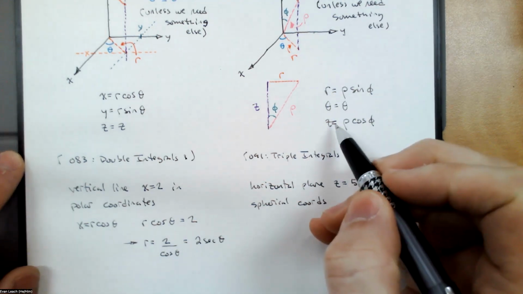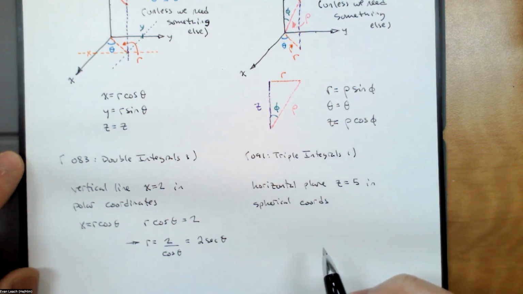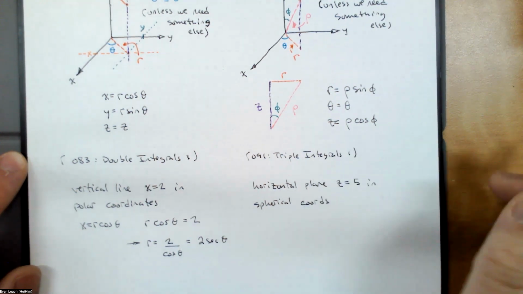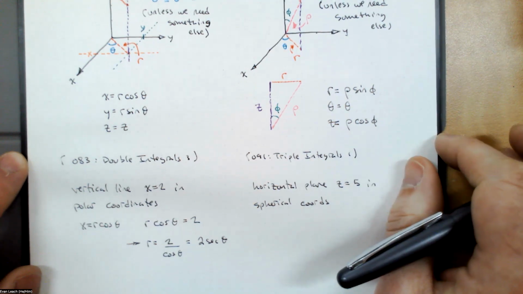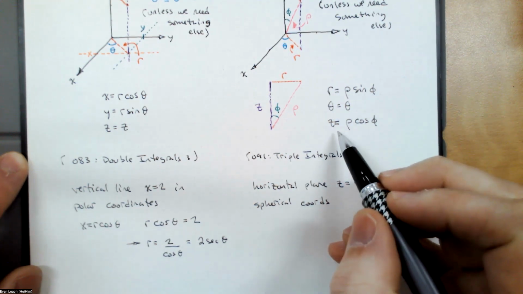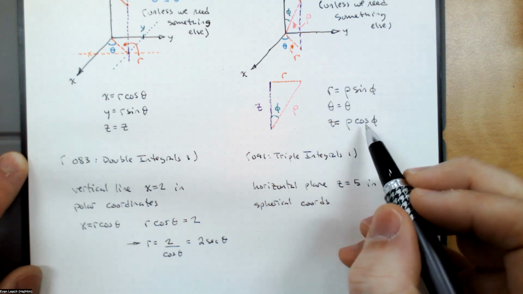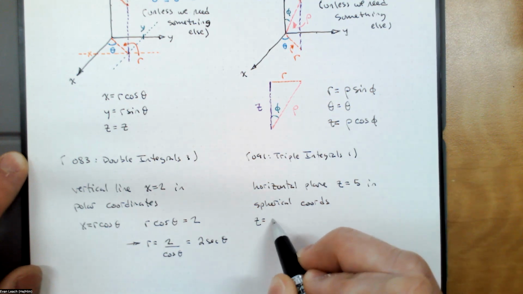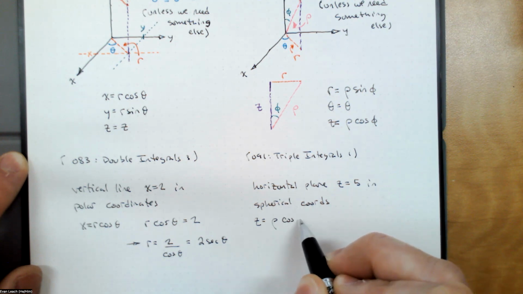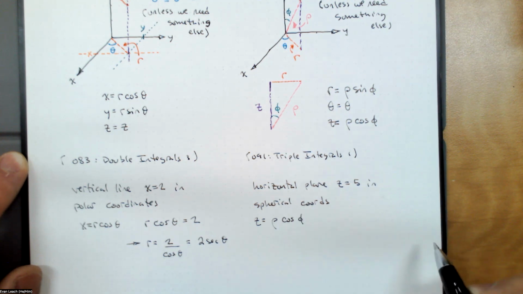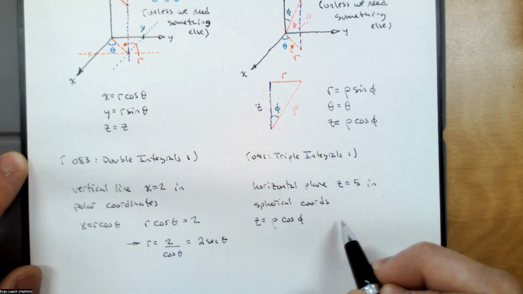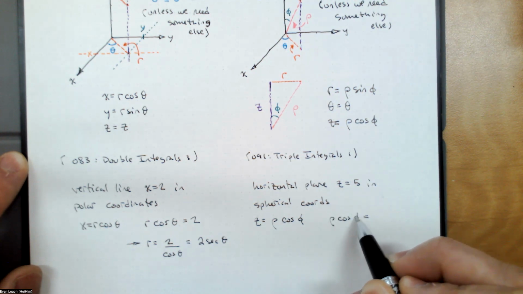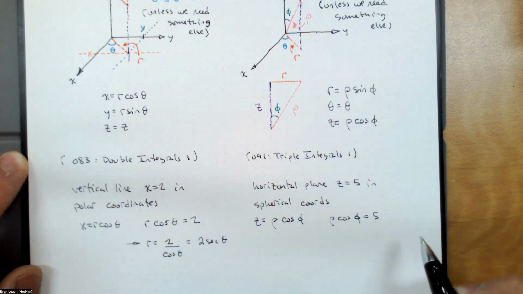Down here, I have the coordinates of z, and I have the relationship between cylindrical and spherical coordinates. So if I write z is equal to rho times the cosine of phi, then rho cosine of phi is equal to, we want that to equal 5.